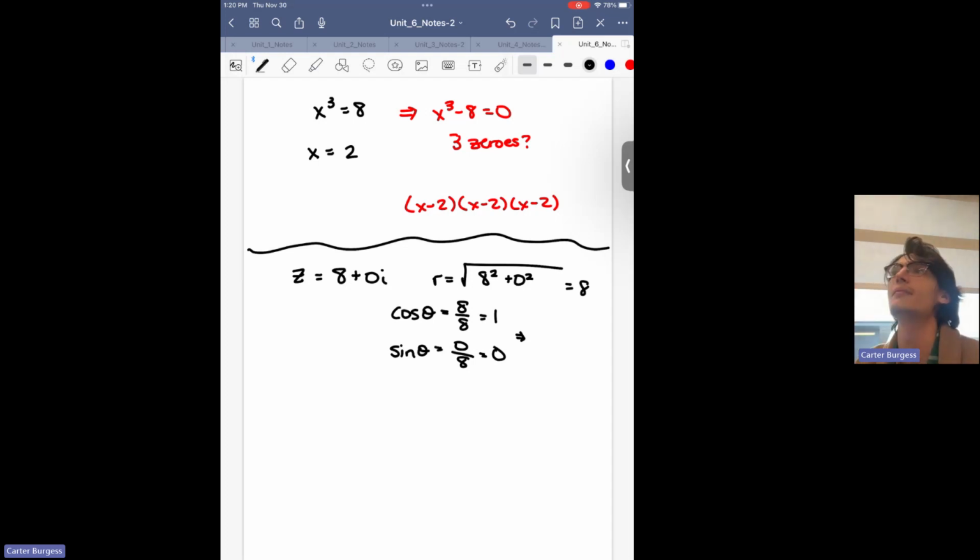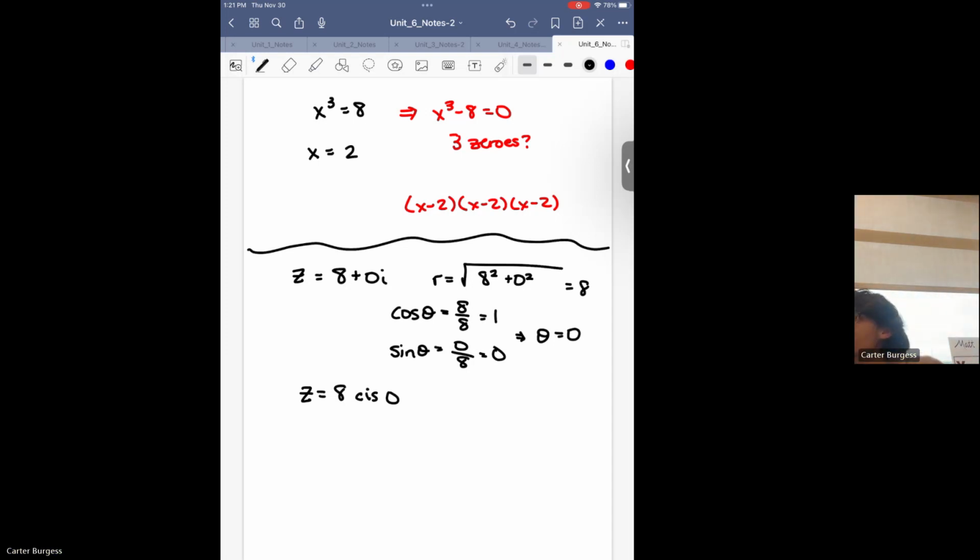So 2 pi is actually correct, but the smallest positive theta that we could use, 0, is what I would start with. But we are actually going to put a pin in Katie's answer, which is that 2 pi would also work as a good theta here. All right, so we can rewrite 8. This z is now equal to 8 cis of 0.